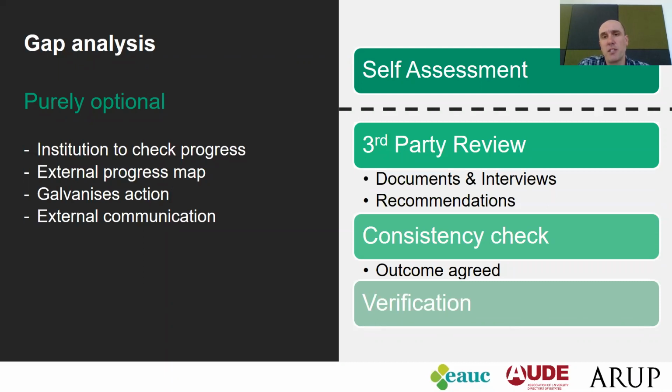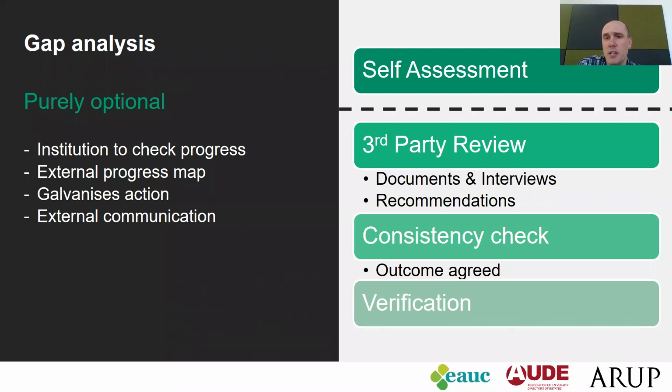So the first process is to go through a third-party review where the person doing the gap analysis receives some documents from you and then carries out some interviews with the key people who have been involved with putting together the scores and the position. They will then make some recommendations.